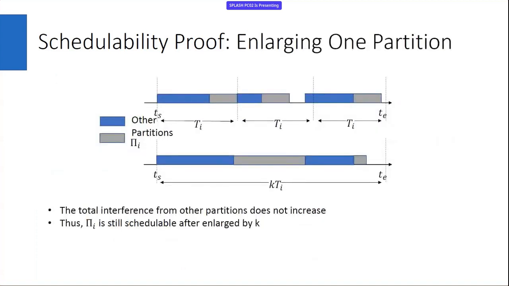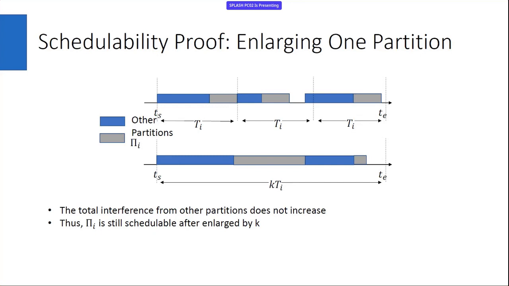So through this proof, you need these 2 operations. One is enlarging one partition. The reason why enlarging one partition always maintains schedulability is that when you enlarge a partition, you delay one of the partition's deadlines into the future. So you basically make other tasks easier to schedule, and the total interference from other partitions does not increase.